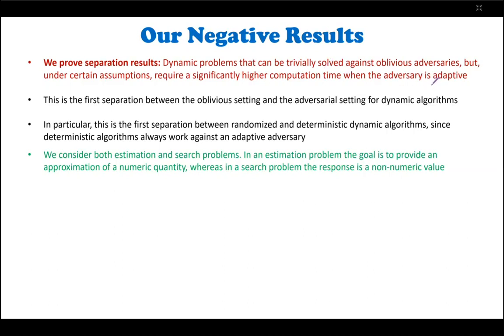And this is under some computational assumptions or alternatively in the random oracle model. To the best of our knowledge, this is the first formal separation between the capabilities or the needed runtime for dynamic algorithms in the oblivious setting compared to the adversarial setting.